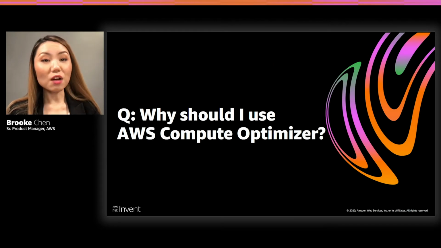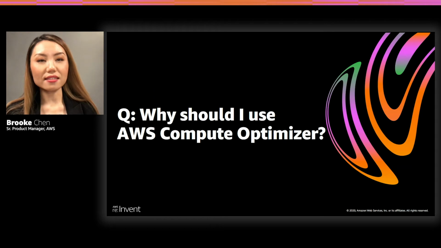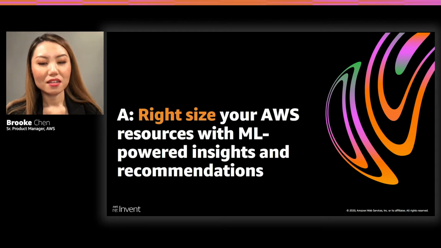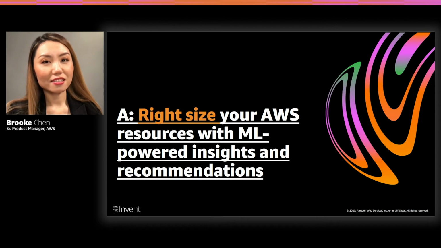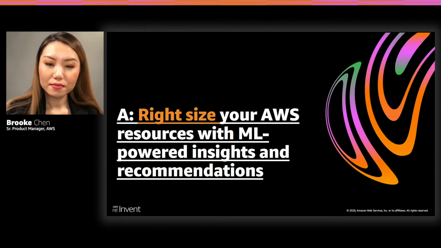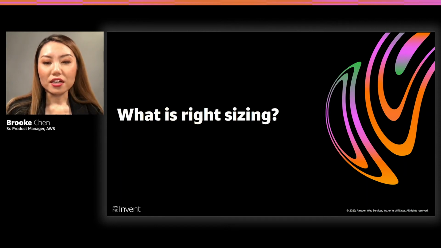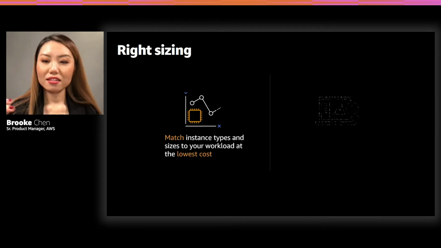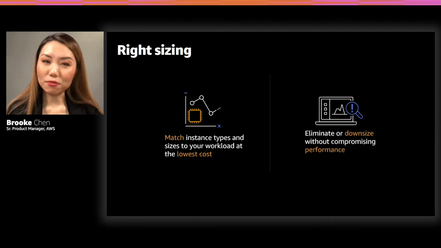Okay, and now before we go on, let's take a step back and unpack this answer here. What do I mean by right sizing, and why is it important? Here, we're going to define right sizing as the process of matching the resource types and sizes to your workload requirements.